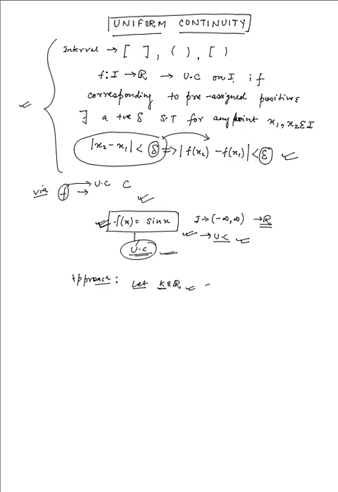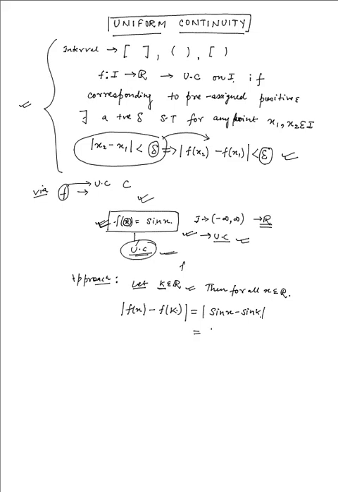Then for all x belonging to R, the modulus of f(x) minus f(k), which is equal to sin x minus sin k. I'm just putting the value of f(k), right? Suppose f(x) is equal to sin x now. So in place of x we put k, so sin k is there, right? So sin x minus sin k, this is equal to sin c minus sin d. What is the formula of this?